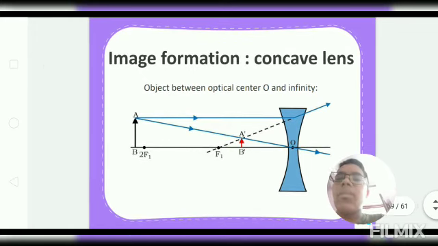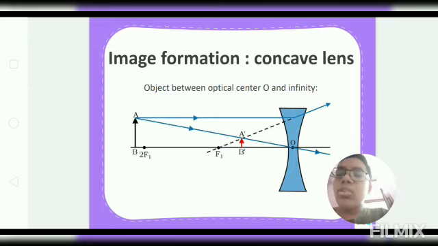Image formation by a concave lens, case 2. When the object is placed between optical center and infinity. As per basic ray diagram number 1, the ray parallel to the principal axis deviates. As per basic ray diagram 3, when a ray passes through the optical center, it remains undeviated.